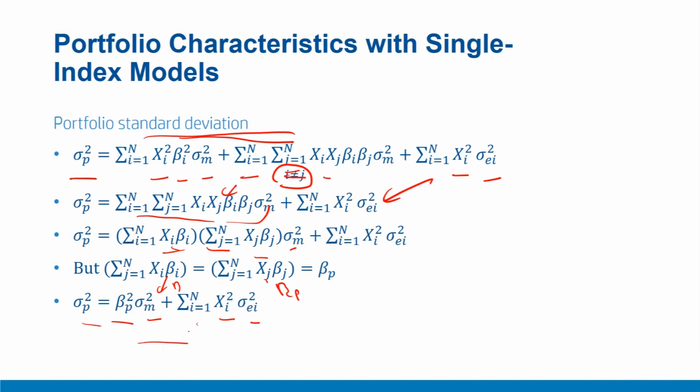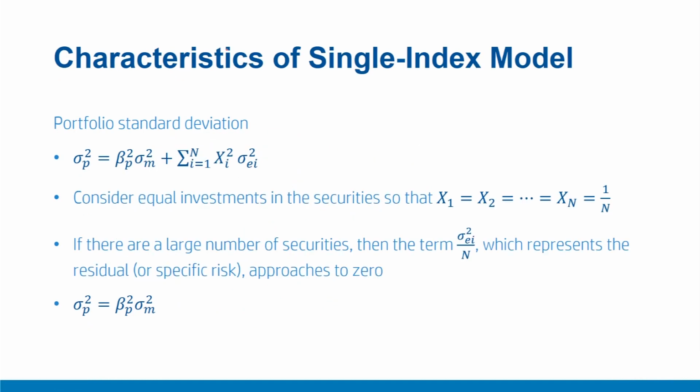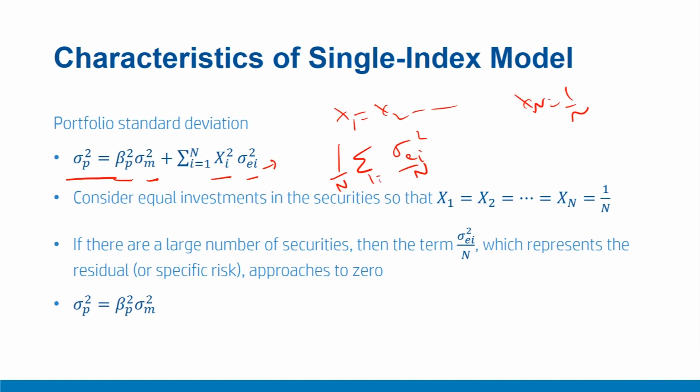This is a very interesting expression of standard deviation for a portfolio in the presence of the single index model. Let us carefully examine this expression of portfolio standard deviation. The expression says sigma p square is a function of beta p, sigma m, and xi square sigma ei square. If you assume that there are a large number of securities and equal amounts are invested in them, that is x1 equals x2 and so on equals xn equals 1 upon n, then I can further simplify this expression as 1 upon n times the summation of sigma ei square upon n, i equal to 1 to n.